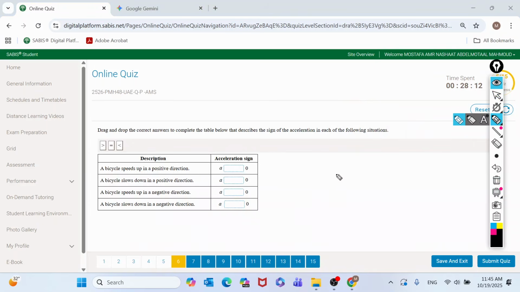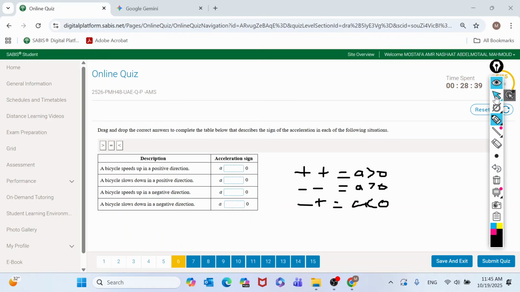Okay guys, for this question, if they're both positive, so it's speeding up in the positive direction, A is going to be positive, greater than 0. But if they're both negative, it's also going to be positive. If they're opposite signs, it's going to be negative, so A is going to be less than 0.